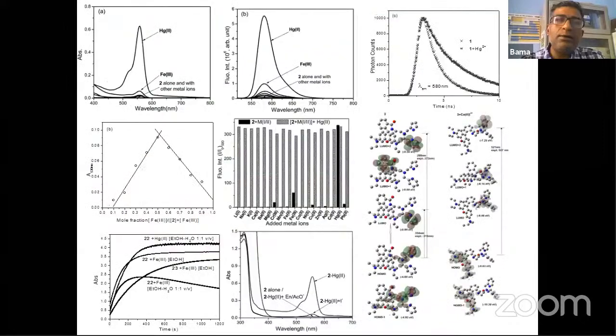So for that, we experimented with many different conditions, different metal ions and all those things. So this is a design of a typical experiment. I'm not going to explain each of them.